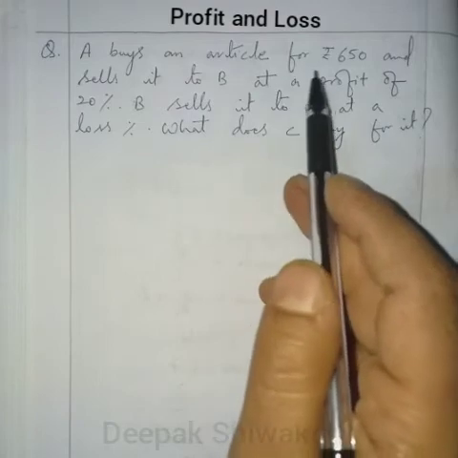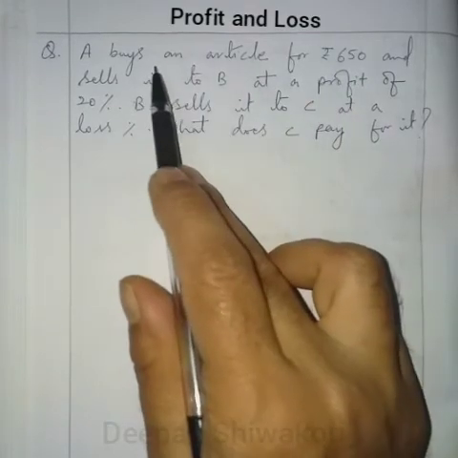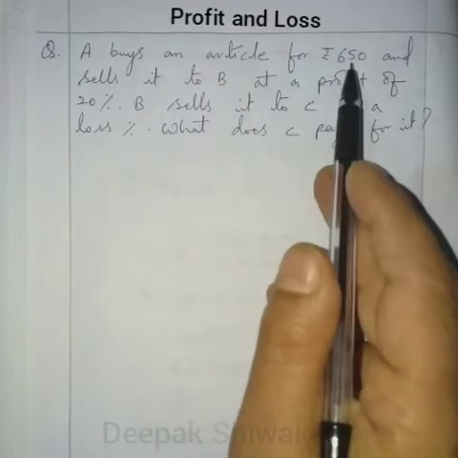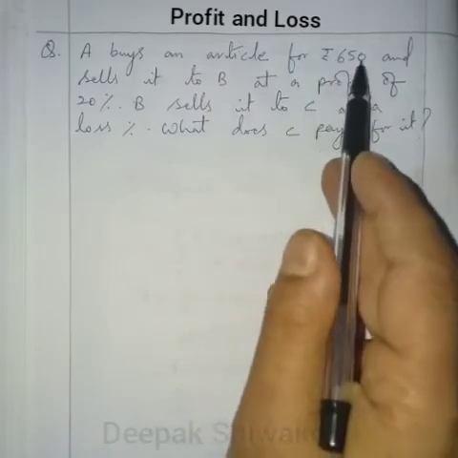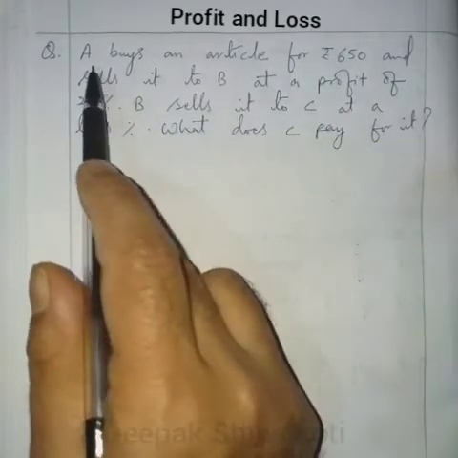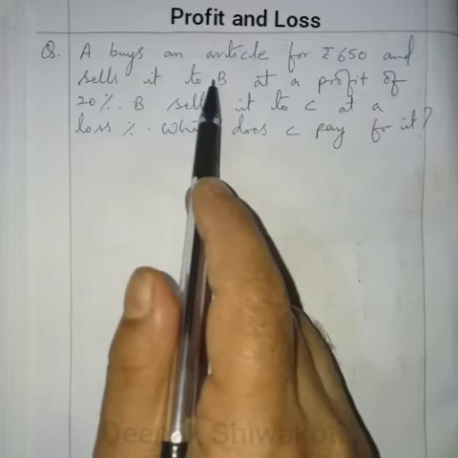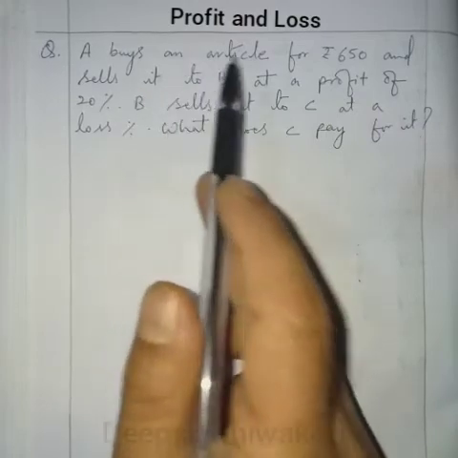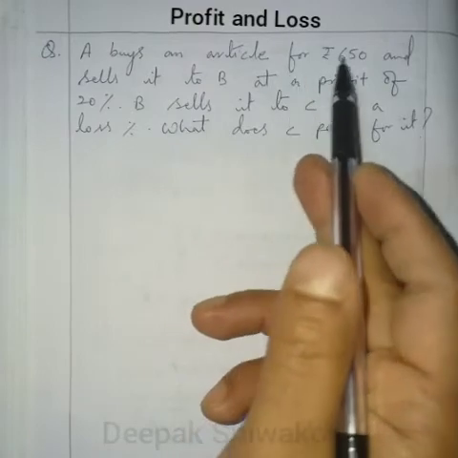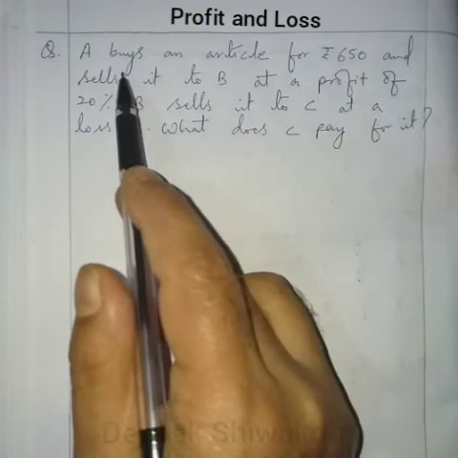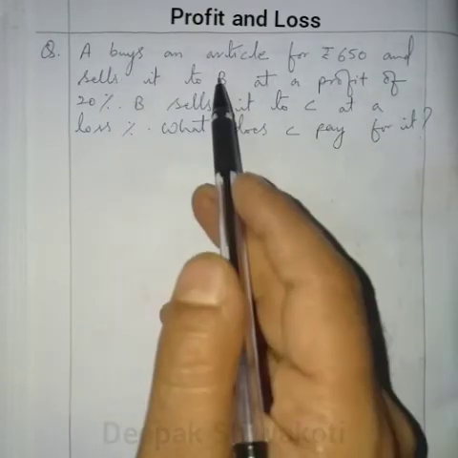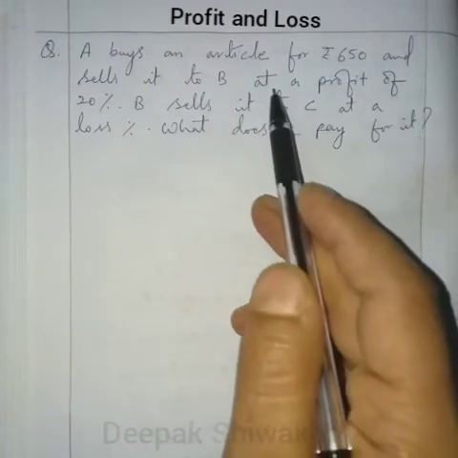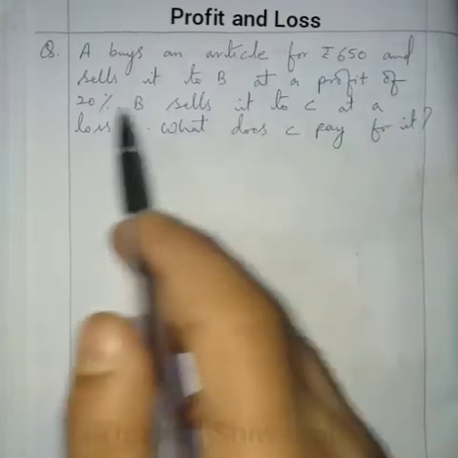A buys an article for rupees 650, this means this is the cost price for A, and sells it to B. This is the selling price. Selling price is not given here. Cost price of A is given, and he sells to B at a profit of 20%.